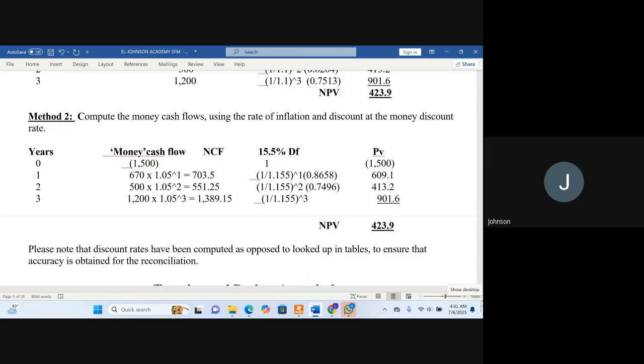Somebody should help me multiply this 703.5 by 0.8658. Let's see if our answer is this amount that we have here. Also for the second one, then somebody should give me the last year.